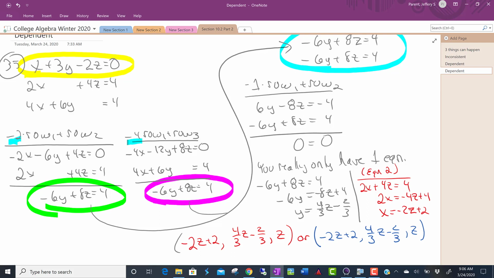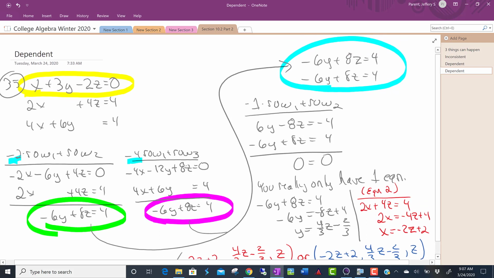And when I do that, I get these two equations. I get -6y plus 8z equals 4, and -6y plus 8z equals 4 again. Essentially, these are the same equation. So if you multiply it and add, -1 times row 1 added to row 2, we end up with my famous 0 equals 0 again.